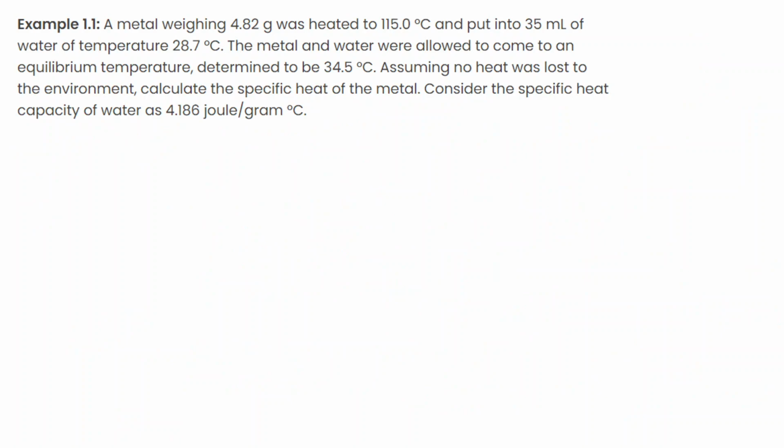We have one more question. A metal weighing 4.82 gram, the mass of the metal is given, was heated to the temperature 115 degrees centigrade, and it's put into 35 ml of water. So mass of water, we know 1 ml is 1 gram, so we can consider 35 gram, and the water temperature is 28.7 degrees centigrade.